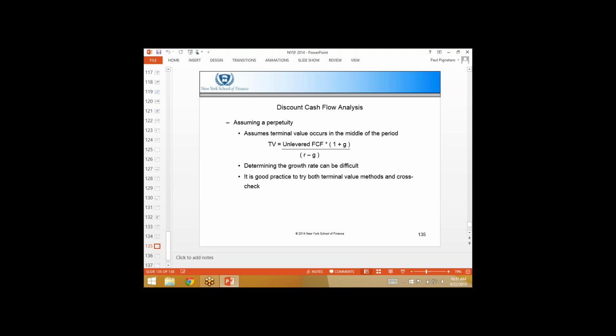And that should give you the value of the sum of this converging infinite series, and you would discount that back to present value. So what's the benefit of one versus the other? Let's do it. I always recommend doing both and comparing to try to cross-check.